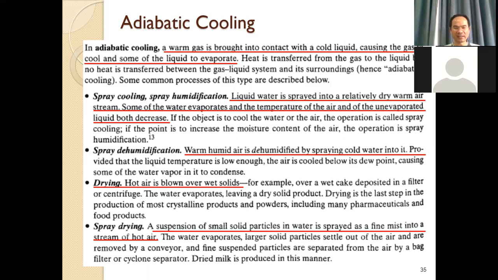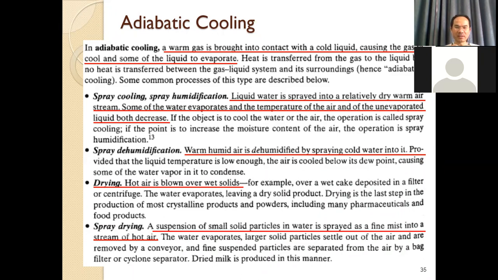For drying or humidification, we will study the detailed design in the unit operations course. Drying means we use hot air. You flow the hot air over the wet solid, and the liquid water is evaporated out from the solid. This is drying.